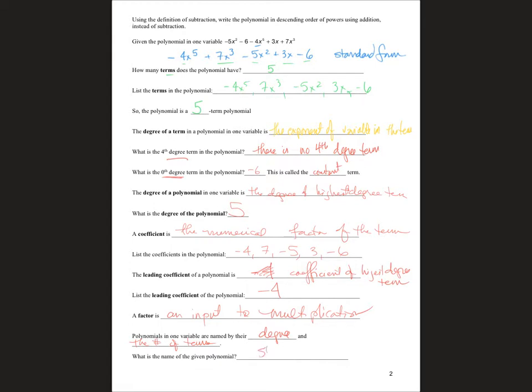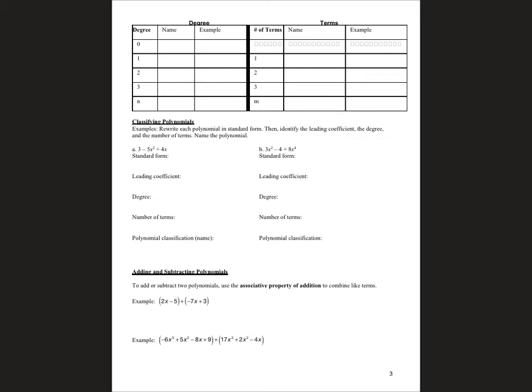It is a 5th degree, 5-term polynomial. So we say that a polynomial is classified, is named by its degree and the number of terms.